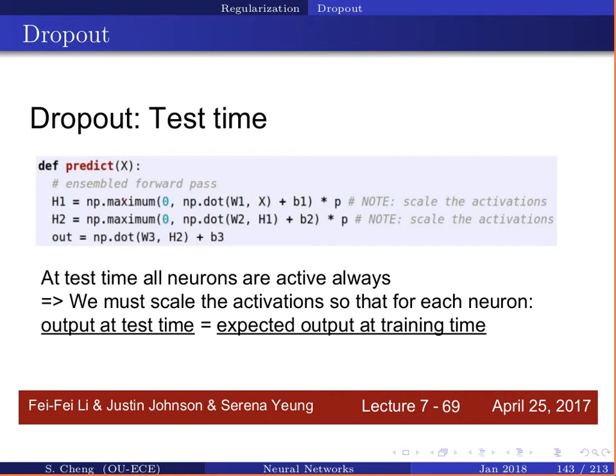So when we are trying to predict the result, let's say these are the weights that we got trained. What we are going to do is simply scale the activation function back, scale it down by the probability there, and that's about it.